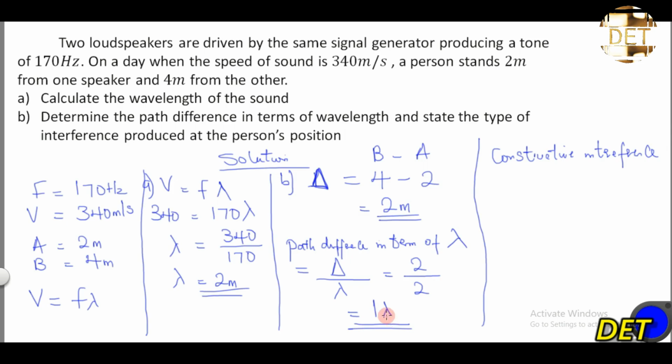Like I said before, if it is a fraction such as 0.5, 1.5, 2.5, 3.5, 4.5, that will be destructive interference. But if the path difference in terms of wavelength is a whole number such as 1 lambda, 2 lambda, 3 lambda, that interference is constructive interference. So this is a constructive interference.